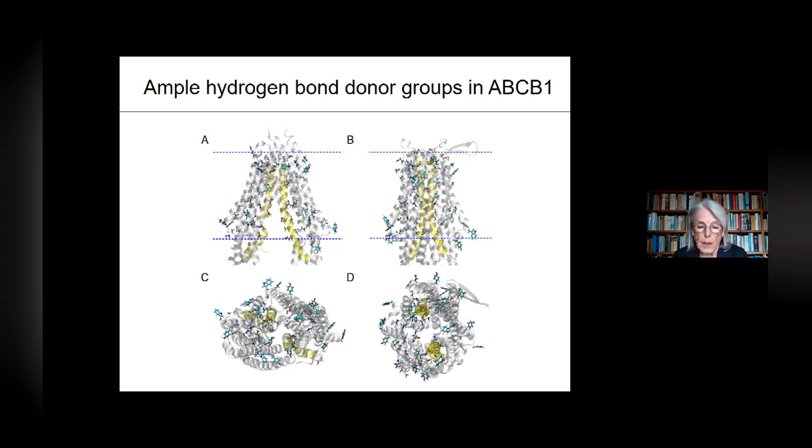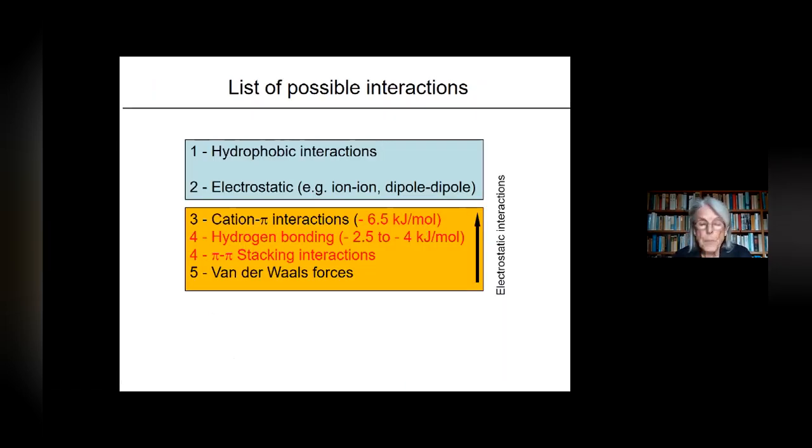Do you see my cursor? Yes. The role of these groups is to attract the hydrogen bond acceptor groups of the substrates from the membrane.